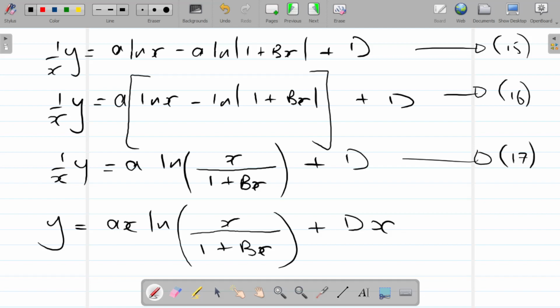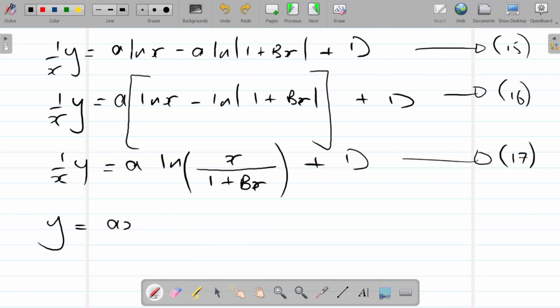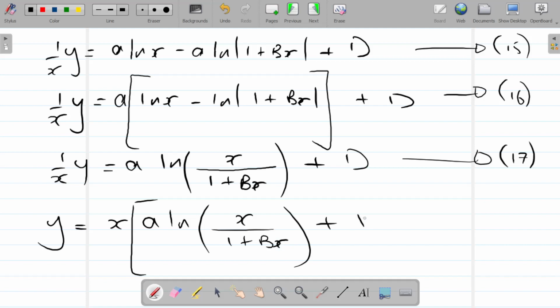In fact, you could actually leave the x outside the brackets. So we've got x times a log x over 1 plus bx plus d. Right, there we are, and that is the solution.